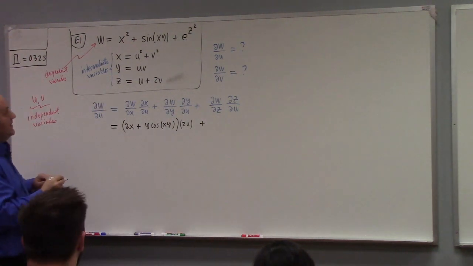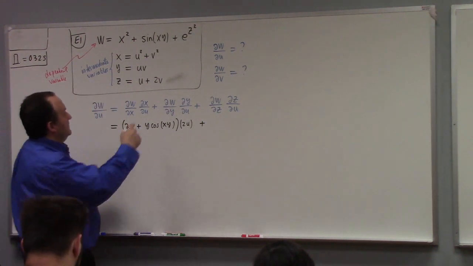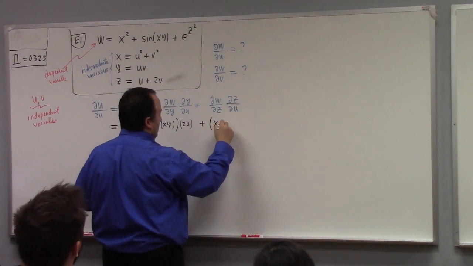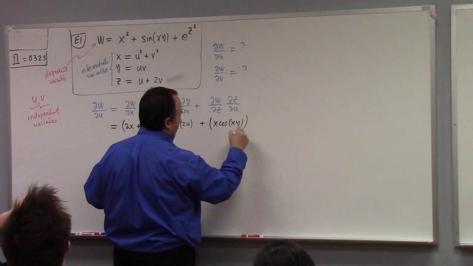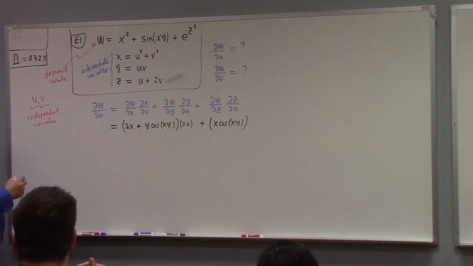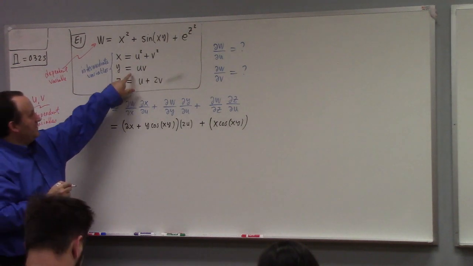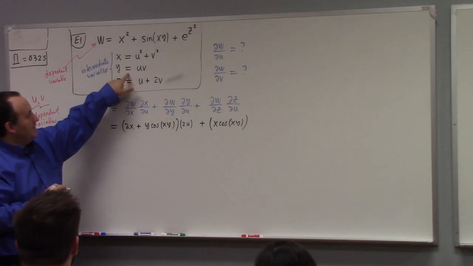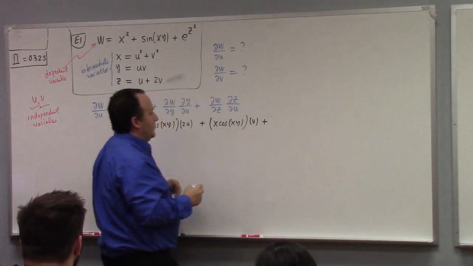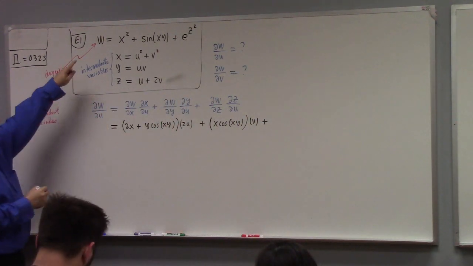Then what's next here? Partial w, partial y is just this middle term, so we get x cosine xy, all right? And then partial y, partial u, which is what? Guys, tell me? v, right? And then partial w, partial z is what?